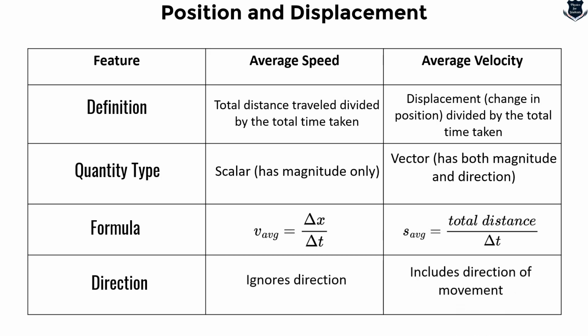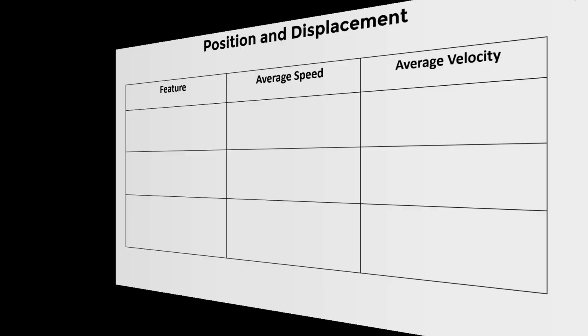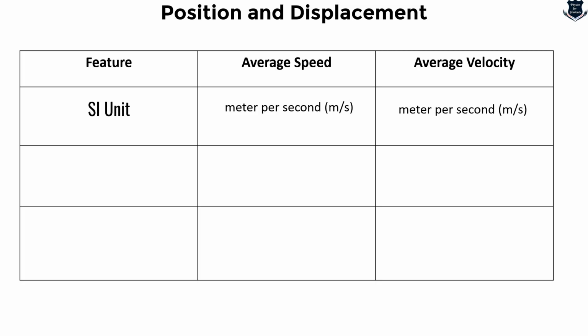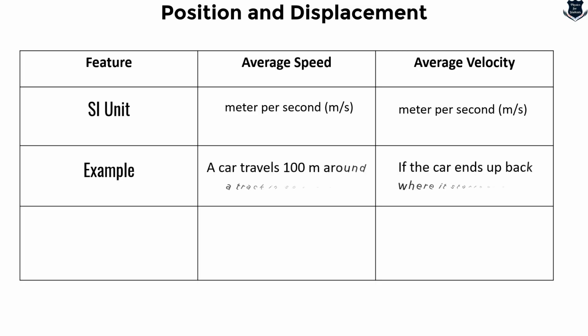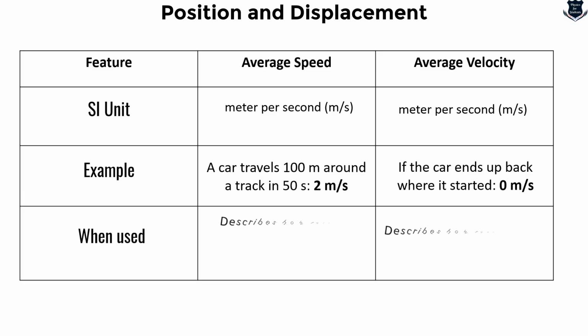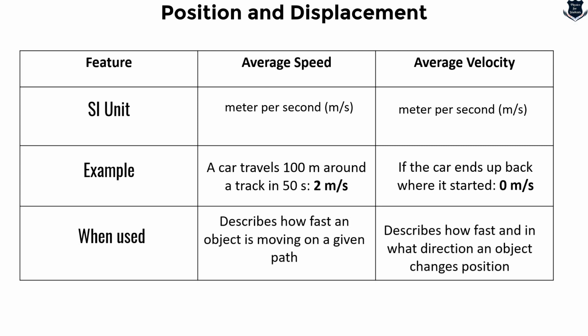For direction, speed ignores the direction, and velocity includes the direction of movement. The unit is meters per second. For example, if a car travels around 100 kilometers, there is a speed in meters per second, but if the car ends up where it started, the average velocity would be 0 meters per second. Speed describes how fast an object moves on a given path, and velocity describes how fast an object moves when it changes its position.